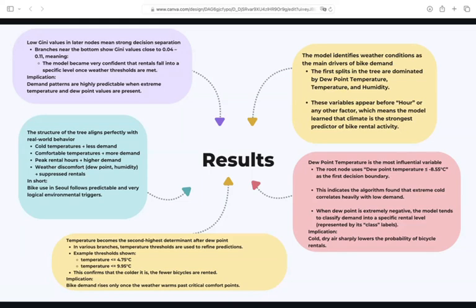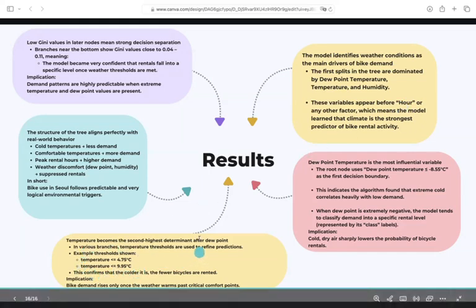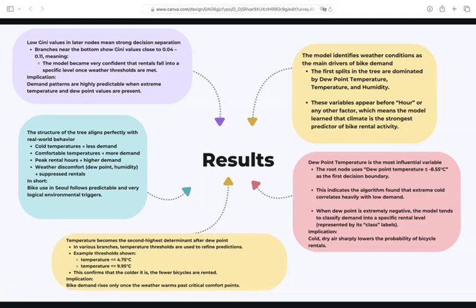Then after the dew point, the temperature becomes the second highest determinant. Here we can see the threshold of the temperatures, confirming that the colder it is, the fewer bicycles are rented. This tree structure aligns essentially with real-world behavior: with cold temperatures, less demand; comfortable temperatures, more demand; peak rental hours, higher demand; where discomfort suppresses the rentals.